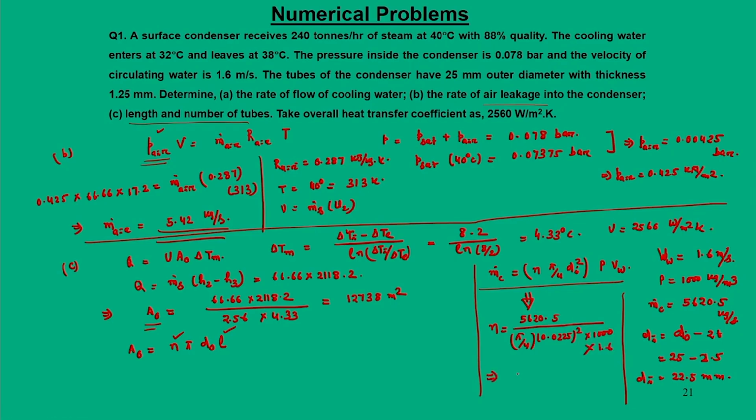So, the number of tubes, that is n, is equal to 8834. So, the number of tubes answer we got.